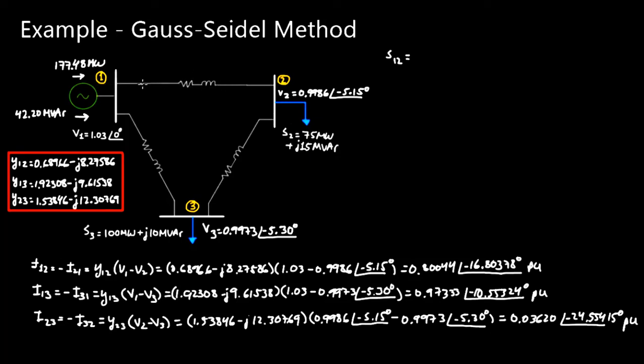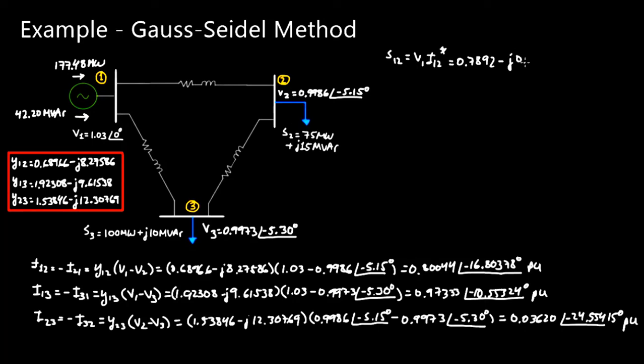S12 is going to be equal to V1 times I12 conjugate. If I calculate that, I get 0.7892 minus j0.2383.